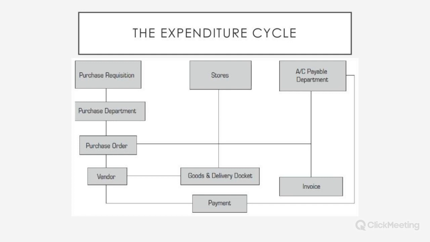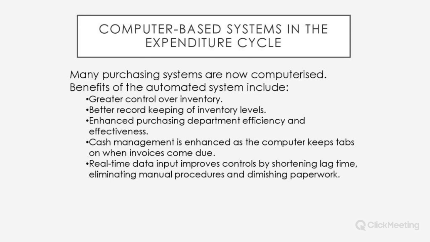and then this information will be recorded in the business's ledgers and financial reporting. Now again, this expenditure cycle raises some internal control threats. Many purchasing systems are computerized, and it does have some benefits. For example, greater control over stock, because you will be able to know when the business is about to run out of stock, and better record keeping of stock levels.